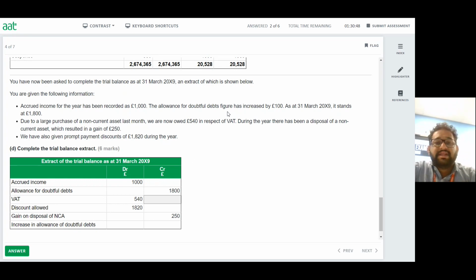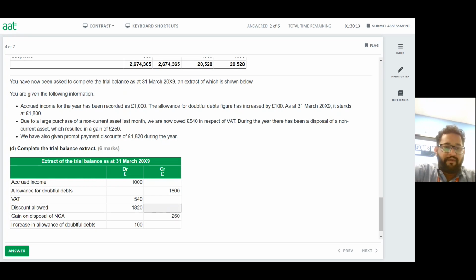Because in that case, this adjustment was done on the credit side of the allowance for doubtful debt account. This one is allowance of doubtful debt. This is the adjustment we have to make in my statement of profit and loss. This is the expense of £100 on the debit side of the allowance for doubtful debt adjustment account, and the allowance for doubtful debt account itself has a credit entry. Therefore, it is increased to £1,800. Okay, so these are the entries for that one.